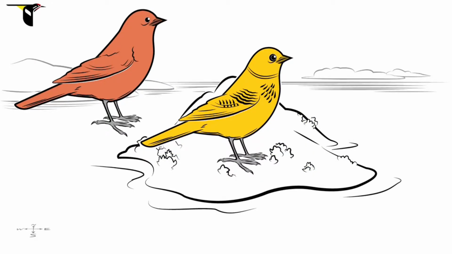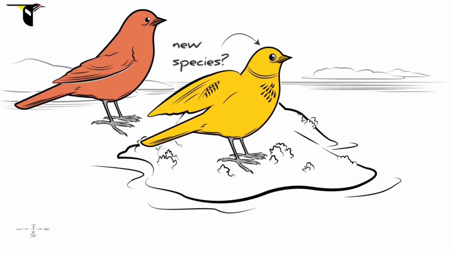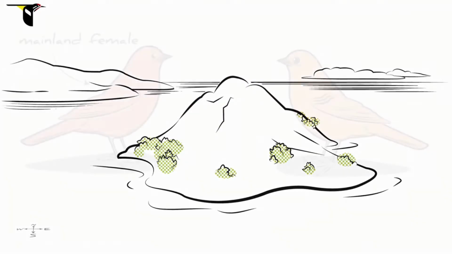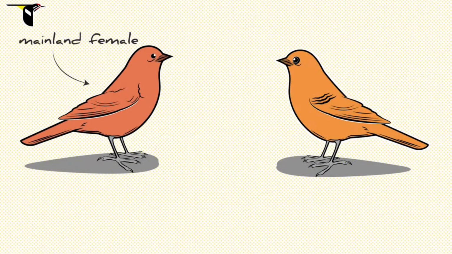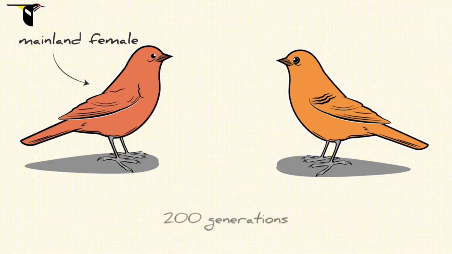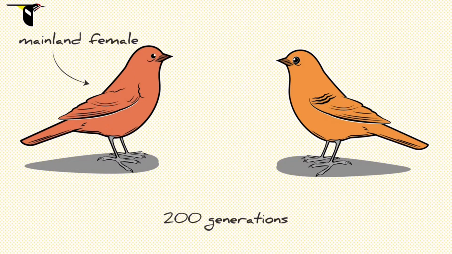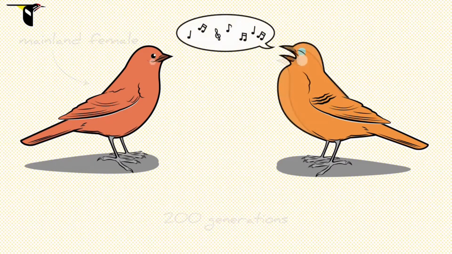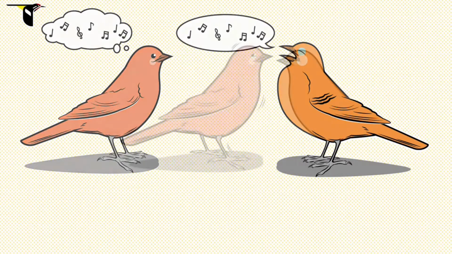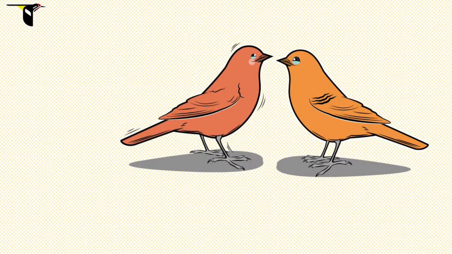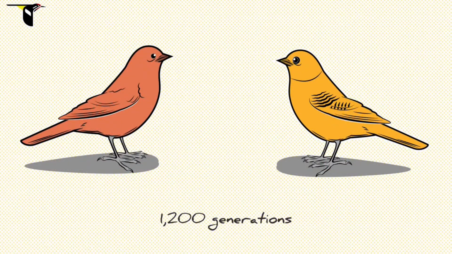But at what point are we confident that this island population has really changed enough to become a new species? Well, let's put our definition to the test. If we introduce a female from the mainland species to potential mates from the island, after 200 generations of isolation, about 400 years in bird terms, will they mate? It appears that these two still recognise each other as the same species. But how about after 1,000 generations of isolation?